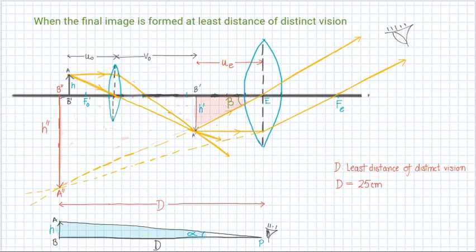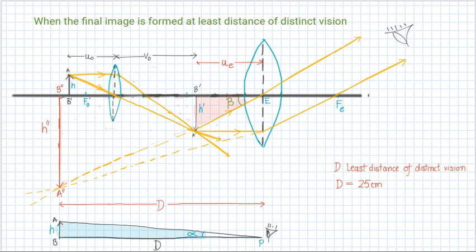Subtend means to make an angle, so it represents your angle beta. So it is the ratio of the angle subtended by your final virtual image to the angle subtended by your object.